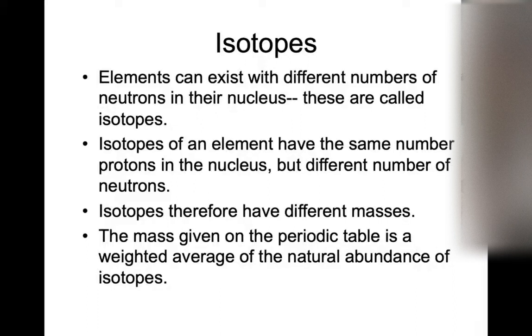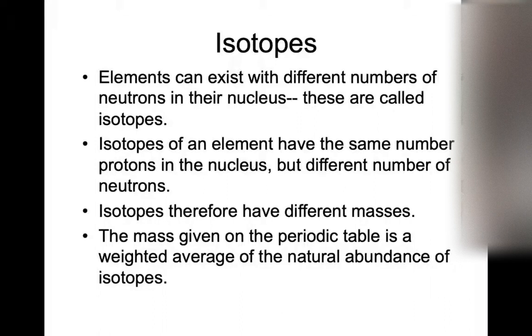Now, it turns out when we look at elements, we talked earlier about the natural abundance of elements, how the Earth's crust is mostly oxygen. When we take a sample of the natural abundance of an element, there will be some carbon 12, and then some small amount of them will be carbon 13.